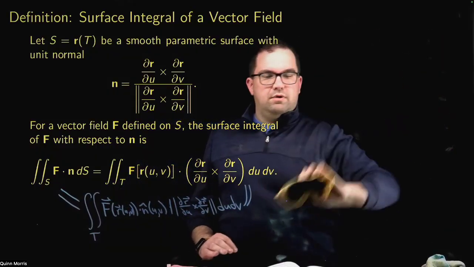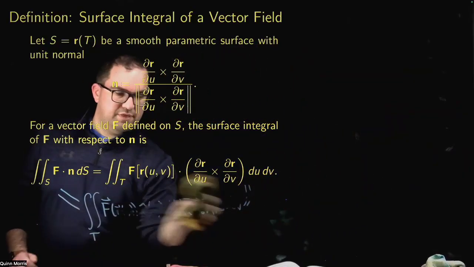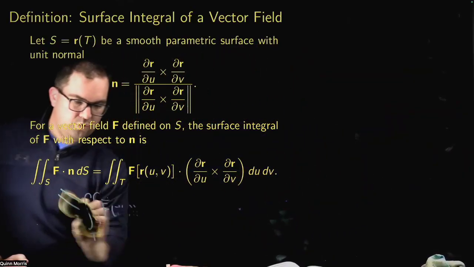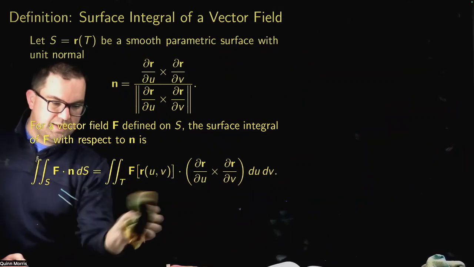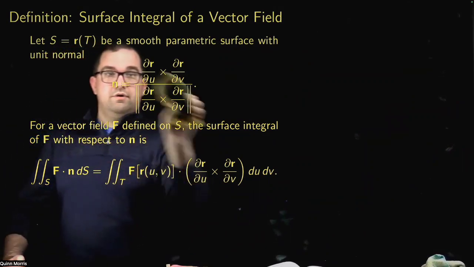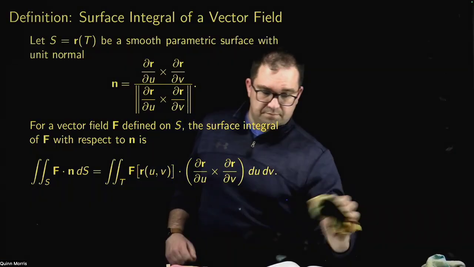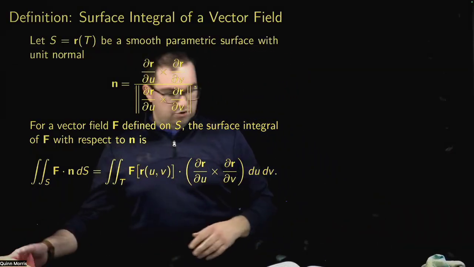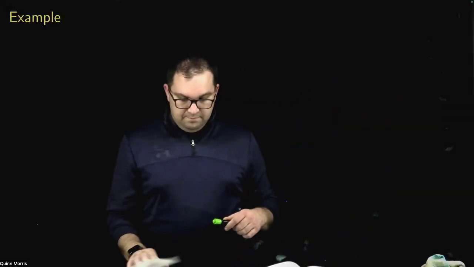All right. So again, just to remind ourselves some of this, let's actually look at one more example. This time looking at the surface integral of a vector field. And again, we're going to keep our same surface here being that sphere that we've been using. Okay.